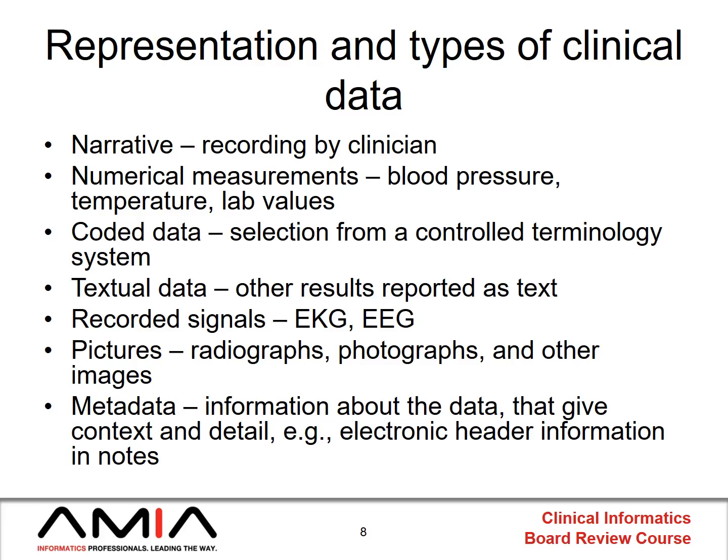It also includes other types of textual data besides just the narrative reported by clinicians. There are also recorded signals, things like EKGs, EEGs, and so forth. And of course, there are pictures, everything from radiographs to photographs and other types of images. And then clinical data will often have metadata or information about the data, and this gives the context and detail, such as the electronic header information in a clinical note.